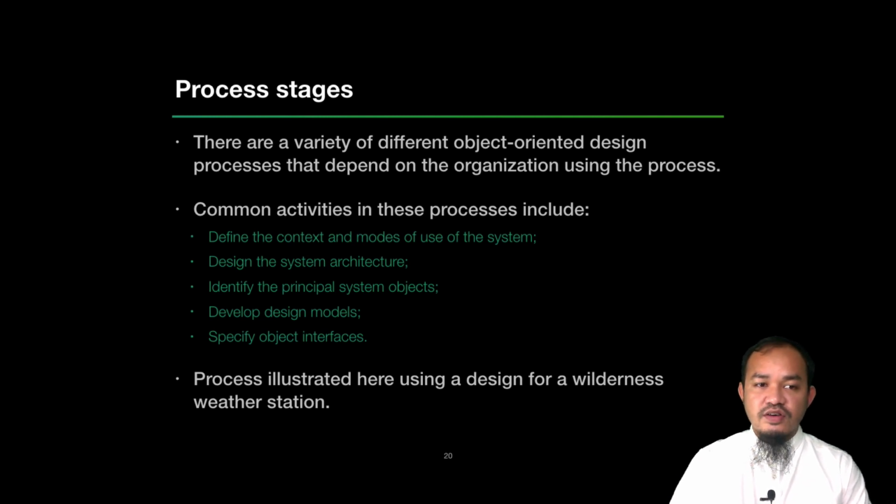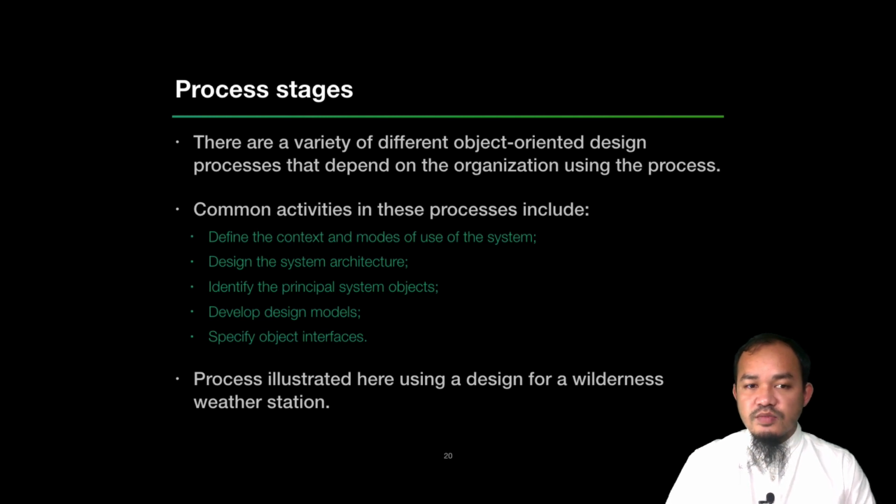There are five here. First is define the context and mode of use of the system. The second is design the system architecture, the third is identify the principal system objects, the fourth is develop design models, and the last is specify object interfaces.